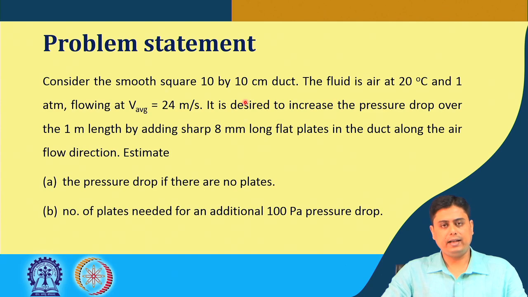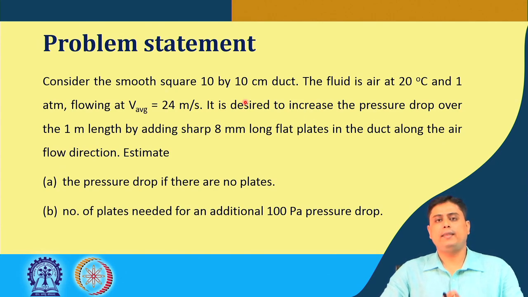Inside that we have to place some 8 millimeter long flat plates along the direction of the air flow in order to increase the pressure drop, because physically, when there are no plates, the duct will have its own pressure drop from inlet to outlet, or per unit length over a certain distance.